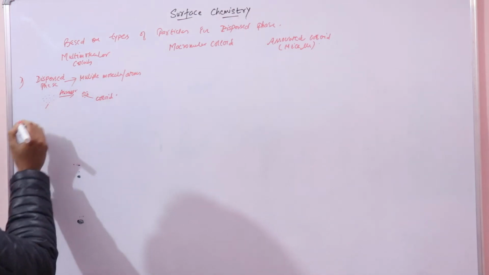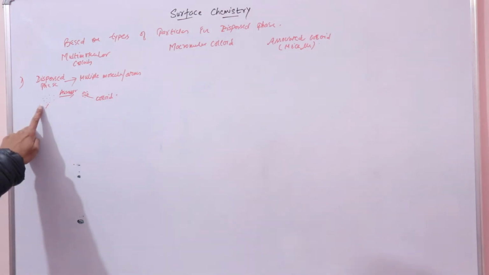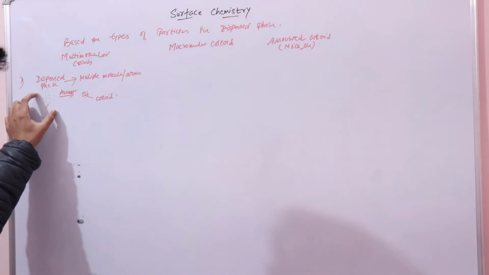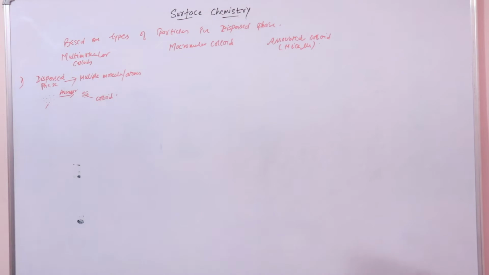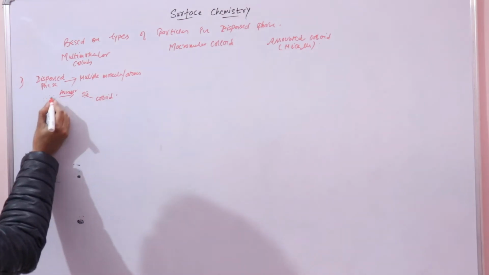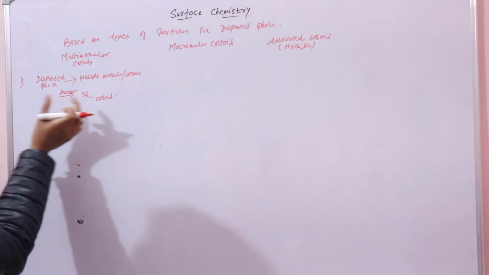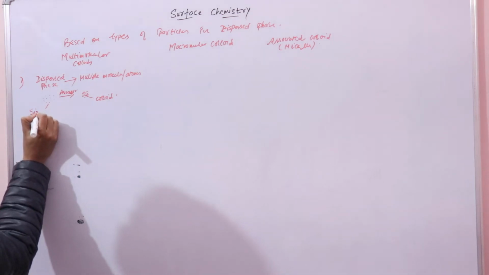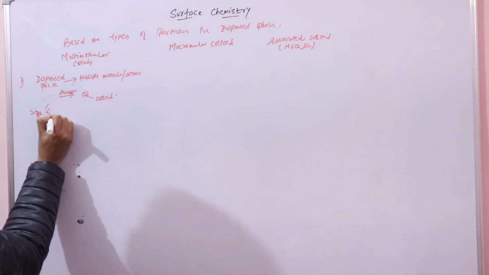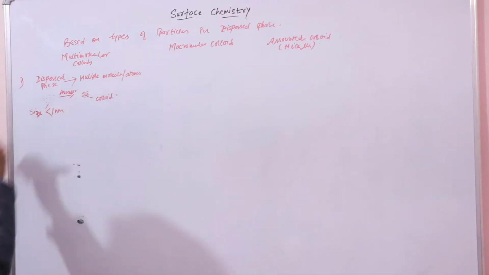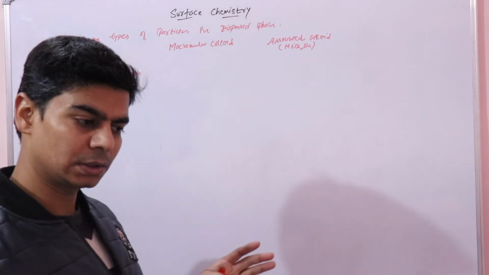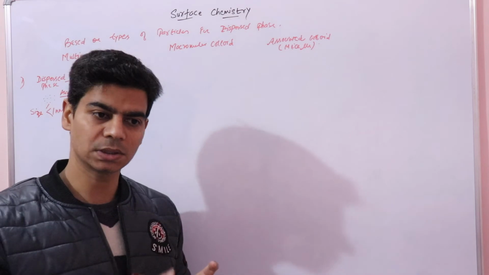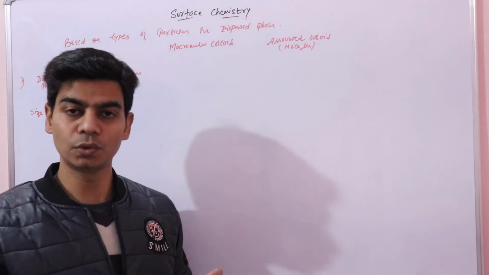And the size of each particle in this case, that are aggregating to form colloidal size particles, is less than 1 nanometer. And if you remember, these come under the category of true solutions, right? The solutions in which the particles are less than 1 nanometer are known as true solutions.